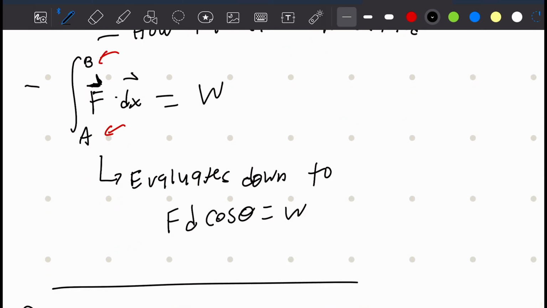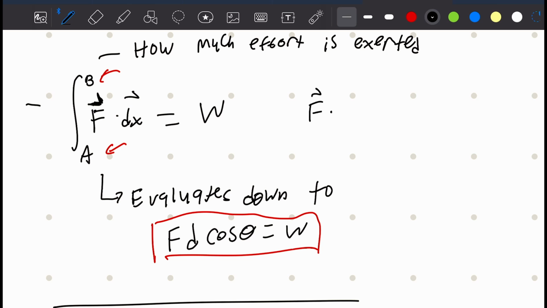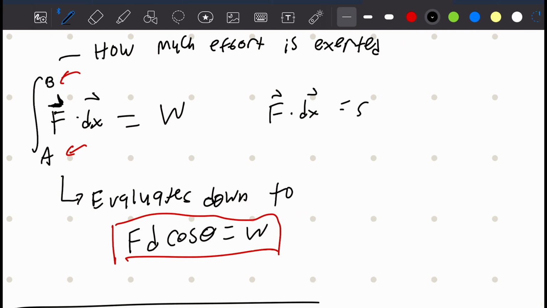So once you evaluate that integral, you're going to end up with force times distance times cosine theta. The reason why you have that cosine theta is because when you do a vector dot product, F vector dotted with a dx vector, the dot product returns a scalar value, so you won't get a vector out of this. You'll get a scalar value.